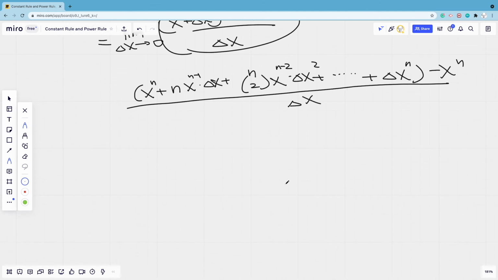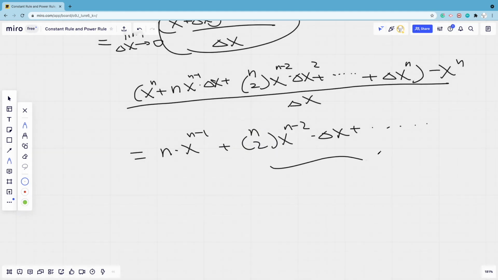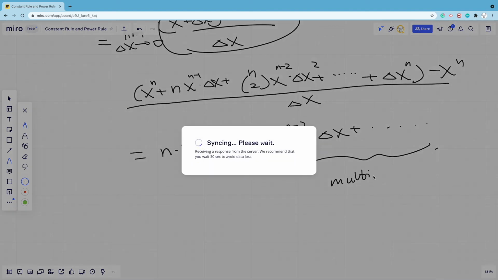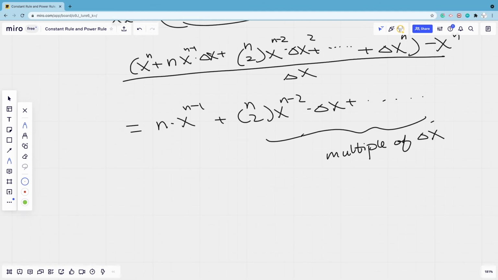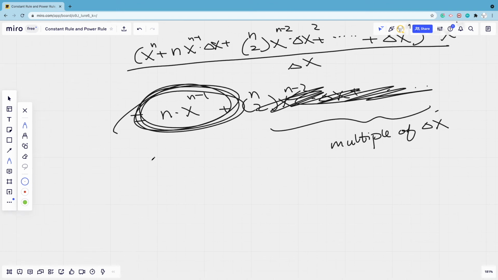So this is in fact equal to n times x^(n minus 1) plus n choose 2 x^(n minus 2) times delta x plus a bunch of things. But what do we know about this bunch of things? These are all a multiple of delta x. So when delta x converges to 0, we cancel all of this. So the derivative is, as the power rule states, n times x to the power of n minus 1.